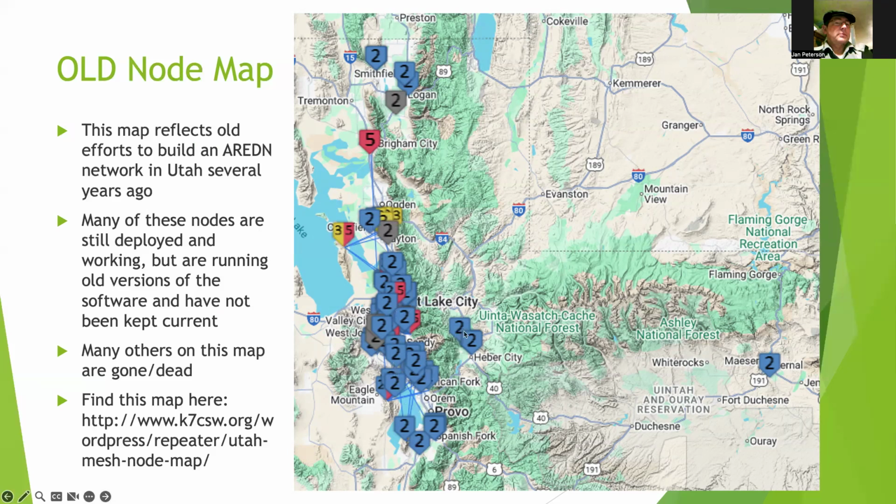Some of these don't exist anymore, but this map doesn't expire registrations, so they will stay there forever. Some nodes have just gone away. Some nodes have failed. Some amateur radio operators involved with it lost interest and turned them off.